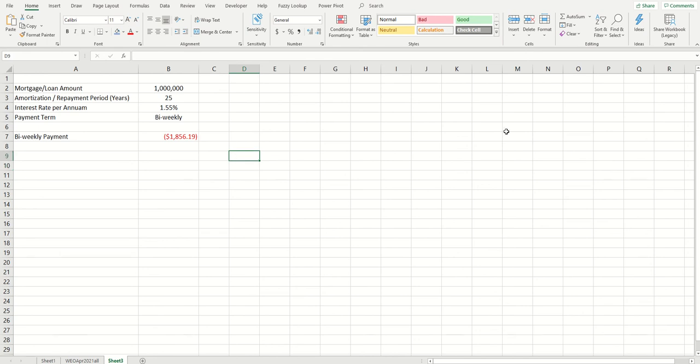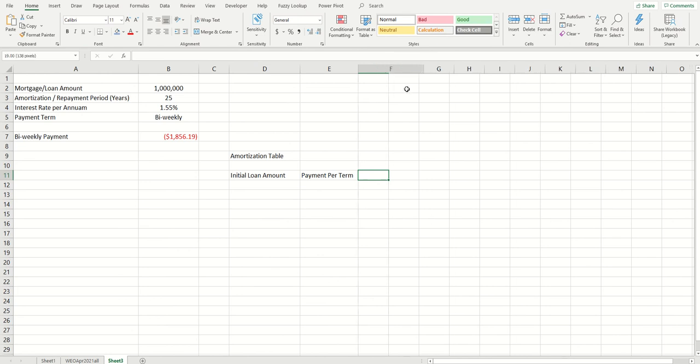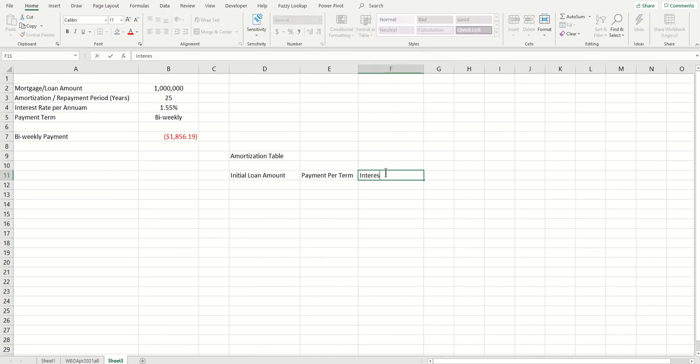So if you loaned $1 million, your initial loan, let's just say here, amortization table, and your initial loan amount, then payment per term, then you will be paying interest payment, then you'll have payment principal, sorry, this is a small typo here.